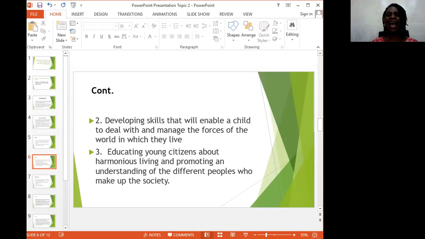So it helps the child develop skills that will enable him or her deal with and manage the world in which he lives. The third is educating the young citizens about what? Harmonious living. How to live harmoniously and promoting an understanding of the different peoples which make up a society. We dealt with this in our lesson 1, if you remember.